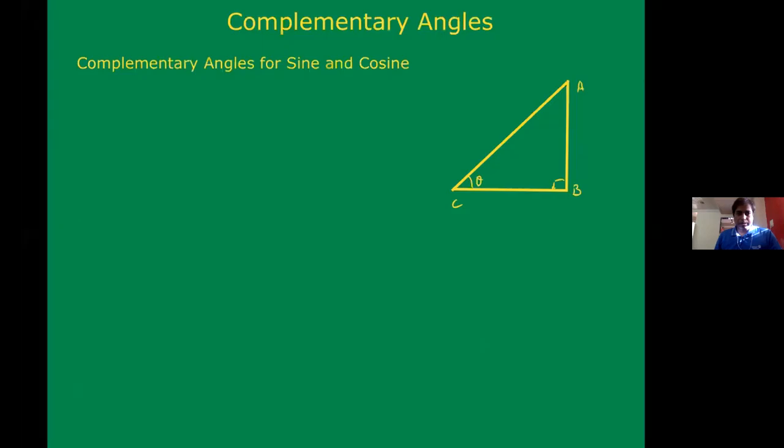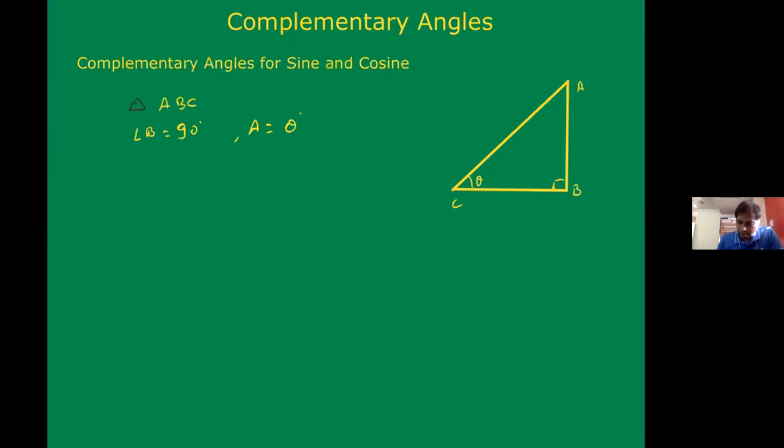Now we'll understand the complementary angle for sine and cosine. Sine and cos, we will find out the complementary angle. In triangle ABC, angle B is 90 degrees.